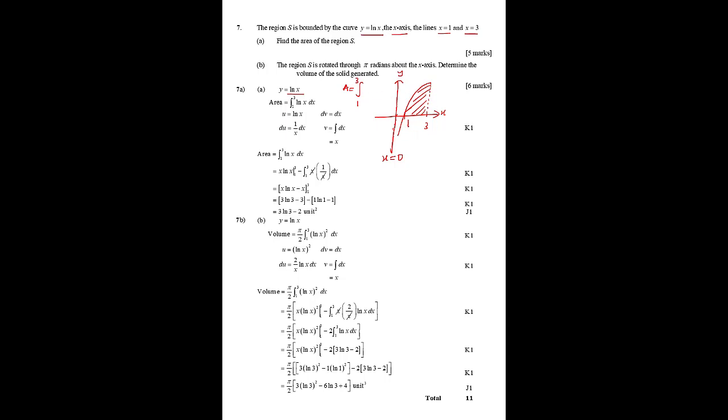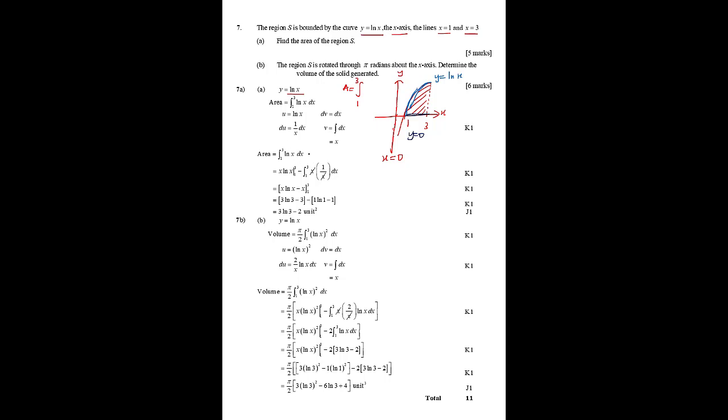From x equal to 1 until 3, your upper function is the curve, which is y equal to ln x, and your lower function is the x-axis, so y equal to 0.